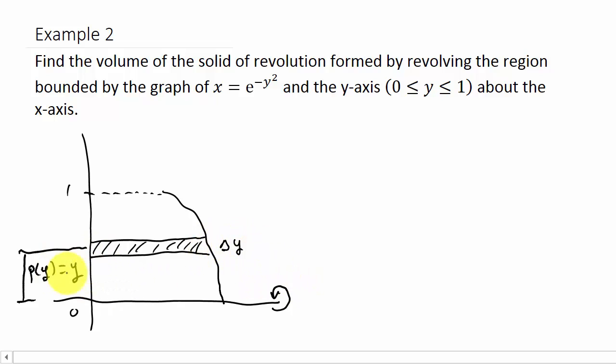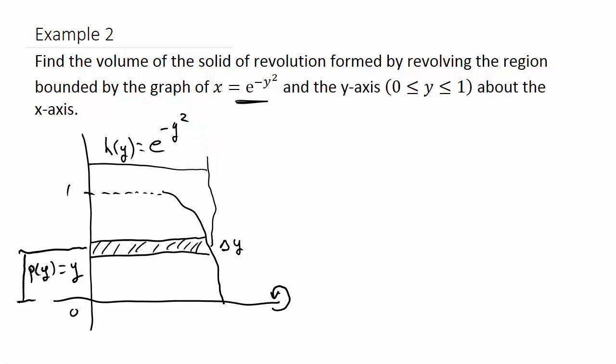So everything needs to be in terms of y. So from here to here is y. Now we need the height of the rectangle. So the height of the rectangle, and that's in terms of y, is h of y equals this function here, e to the negative y squared.